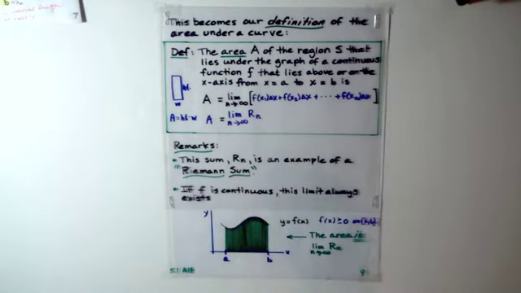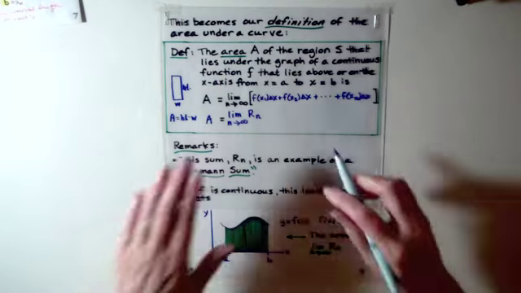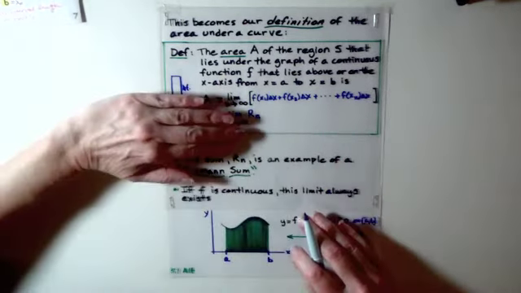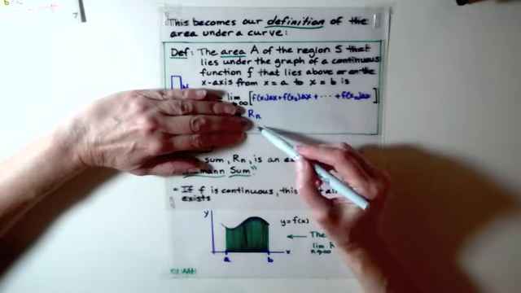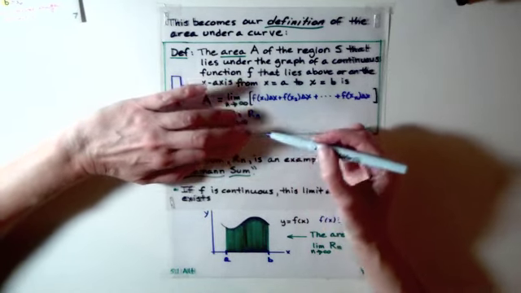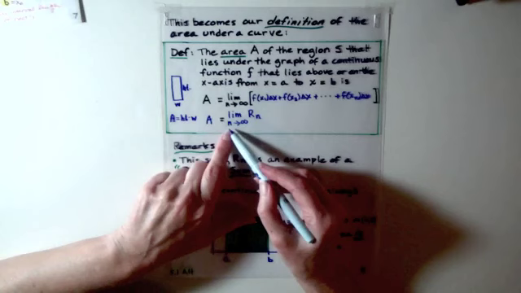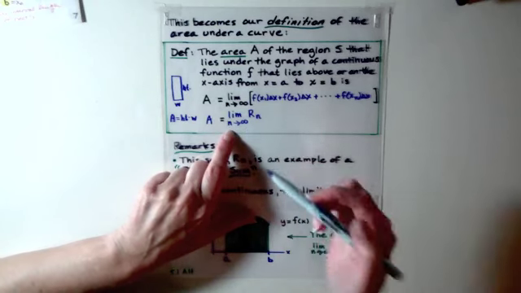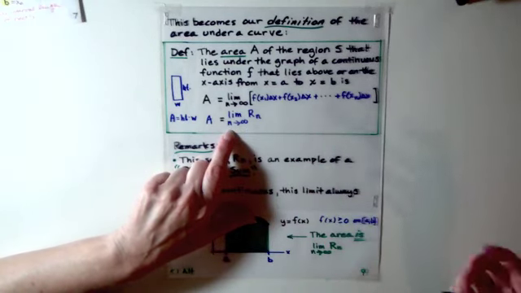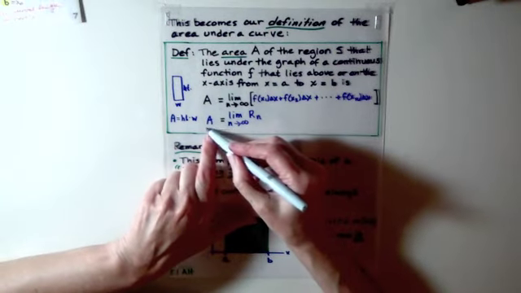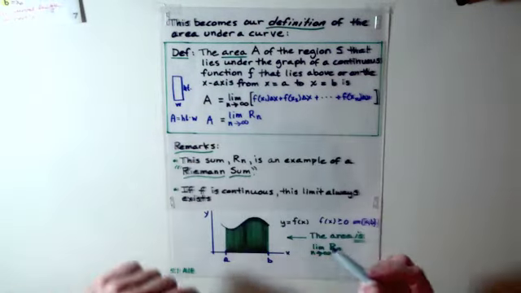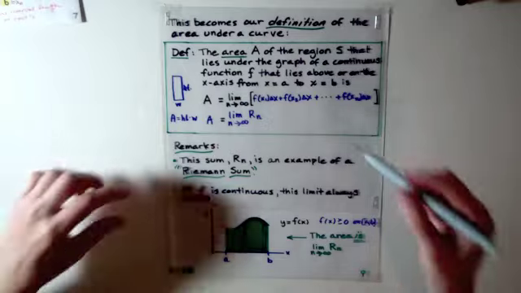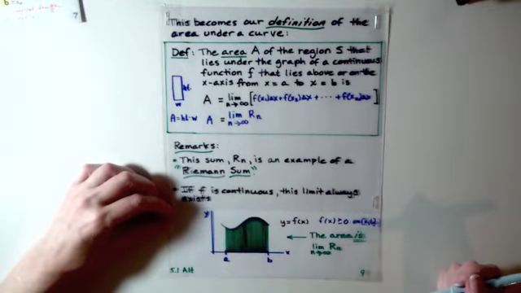So for any particular n, such as n equals 1,024 rectangles like we did in our last example, you'll get an approximation for the area under the curve. But if you allow n, the number of rectangles, to become infinite, an infinite number of infinitely skinny rectangles, then you get the exact area under the curve. And in fact, that becomes our definition of the area underneath a curve.